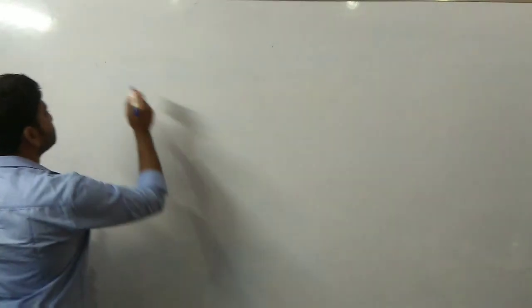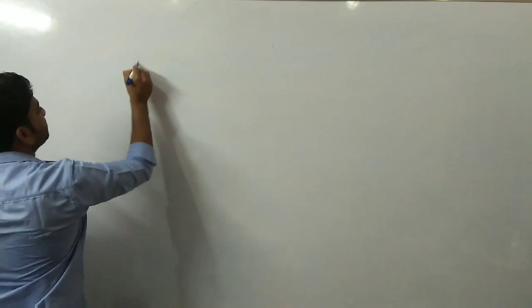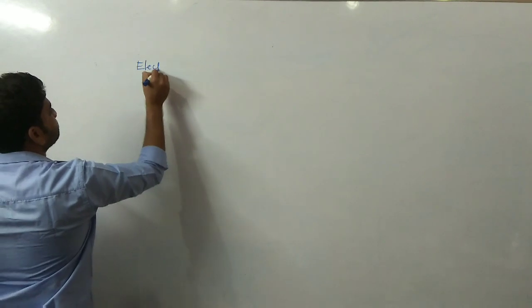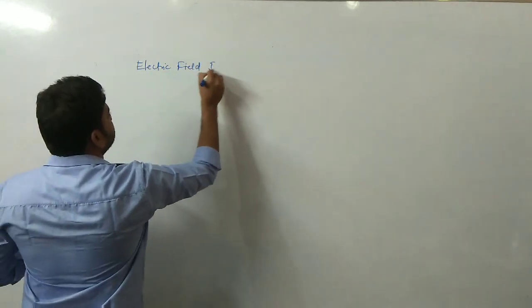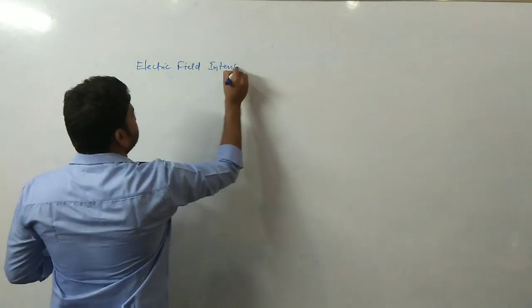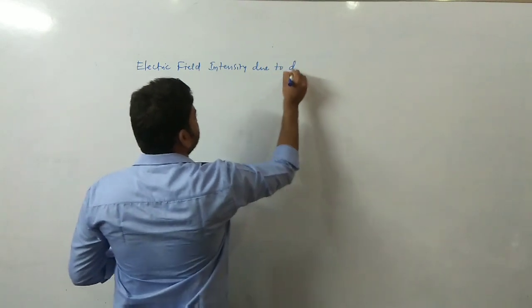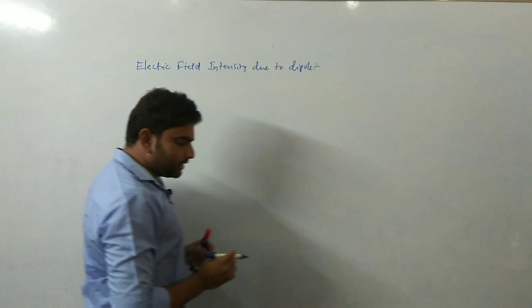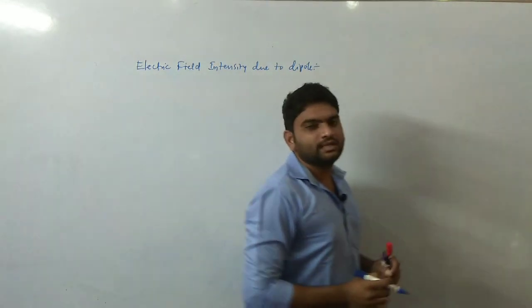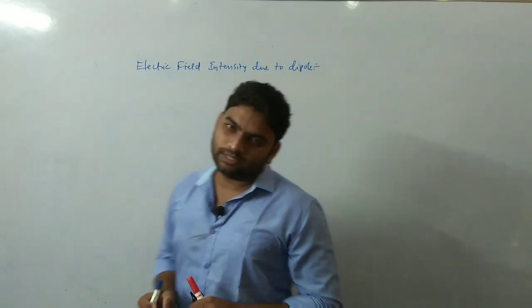To find out the intensity, that is the electric field intensity due to dipole. To calculate the electric field intensity due to dipole, this is further classified into three types.